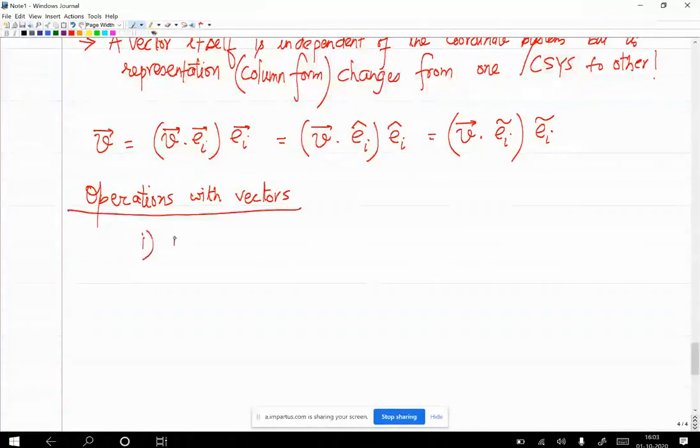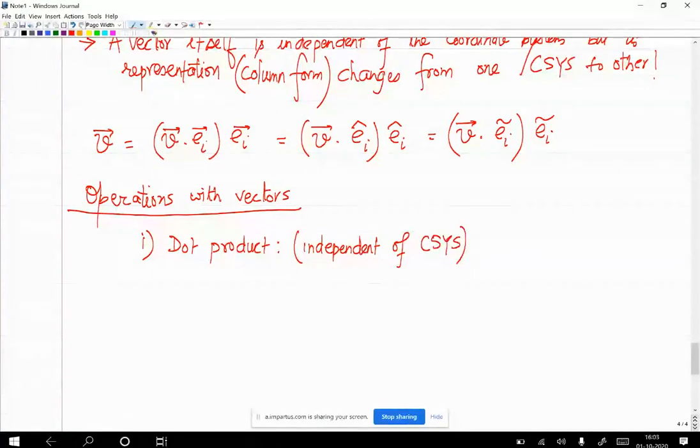So of course, number one is the dot product, which you all know. And this is also independent of coordinate system. And that's why it is also said that it's a tensor operation. Well, I haven't yet talked about tensors, so let's not talk about that.